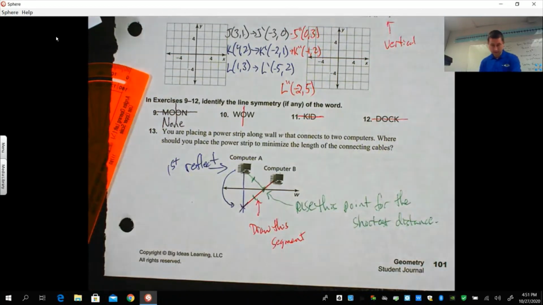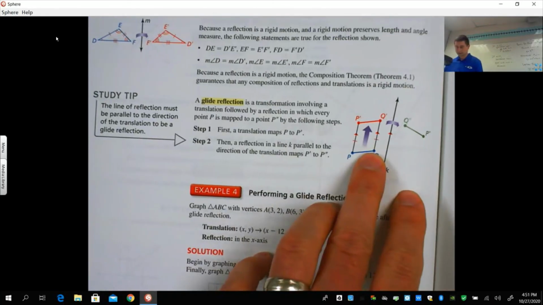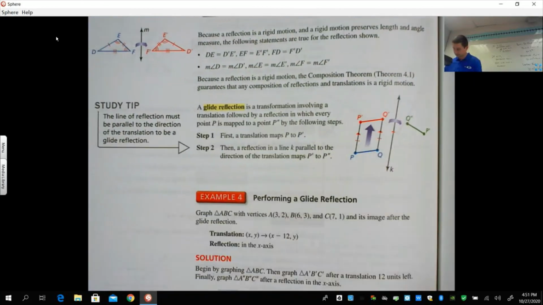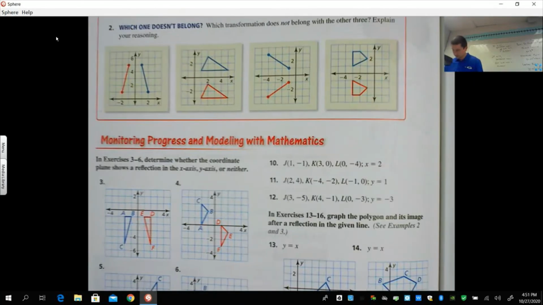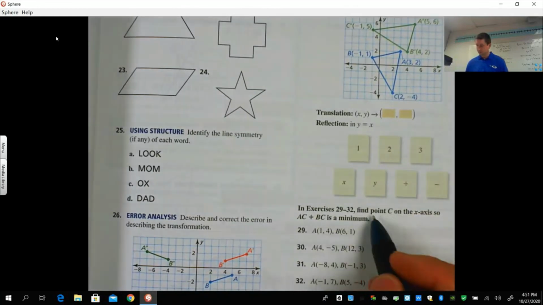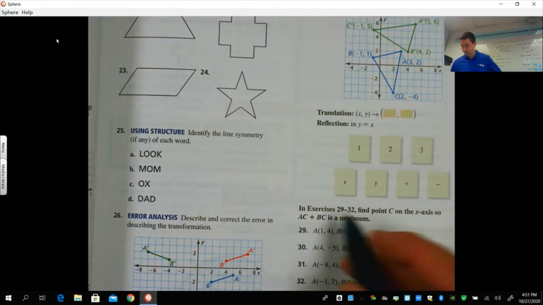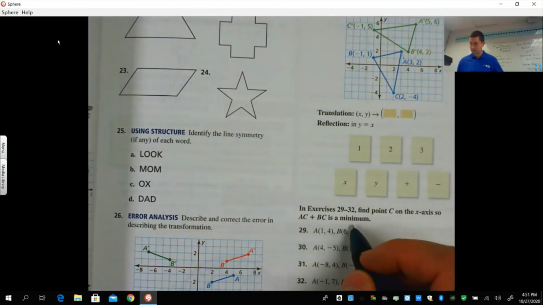The questions that may arise with that, oh, here's a good picture for a glide translation. Okay, slide and then reflect over. Okay, it could be this. Find point C on the x-axis so that AC plus BC is a minimum. Find point C on the x-axis.